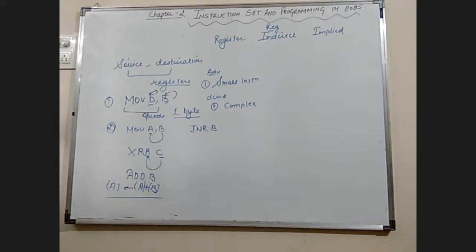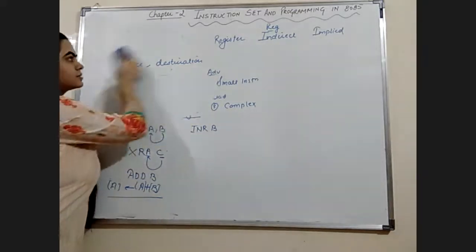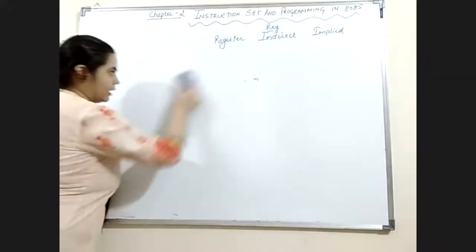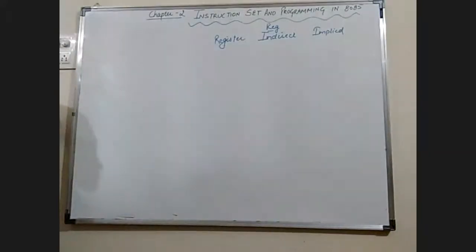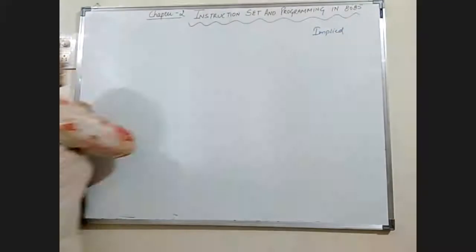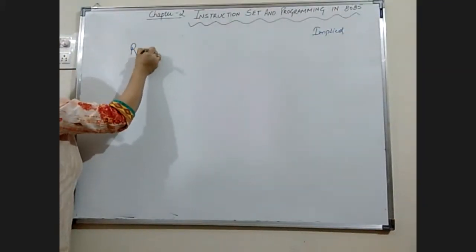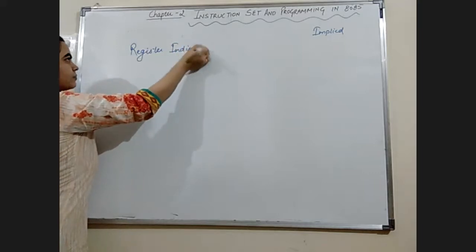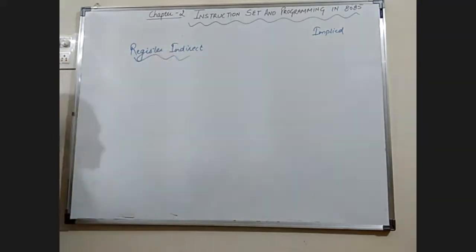That means the address of the operand is specified by the register pair. So indirectly, the microprocessor can get the data from the memory location that is pointed to by the register pair.